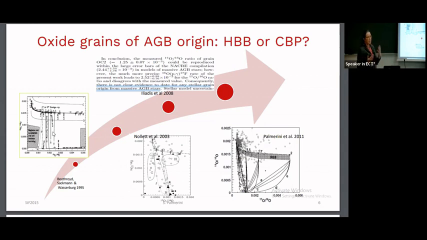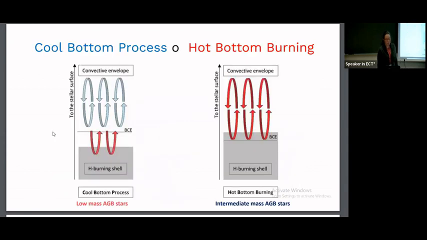And thanks to some new nuclear physics input, we also have no problem of having a forbidden area or region in which the hot bottom burning is required to take place to account for the grains that stay in this region. Okay, after 12 years, 14 years, these are the two mixing models suggested in the literature, so cool bottom process and hot bottom burning.